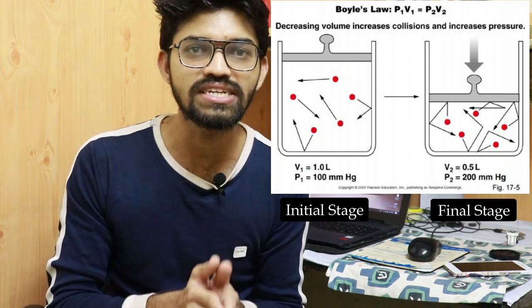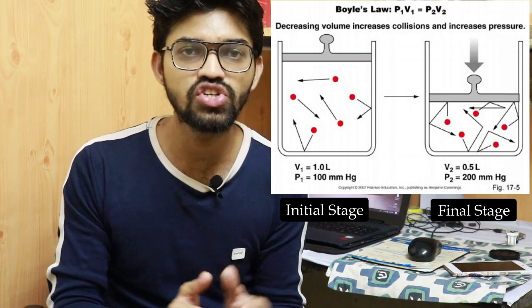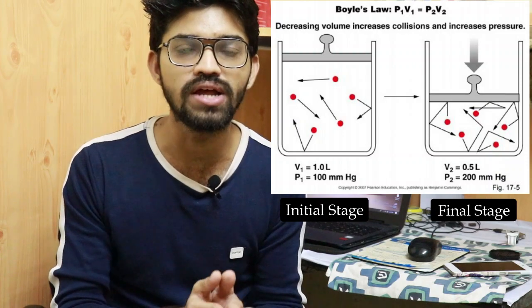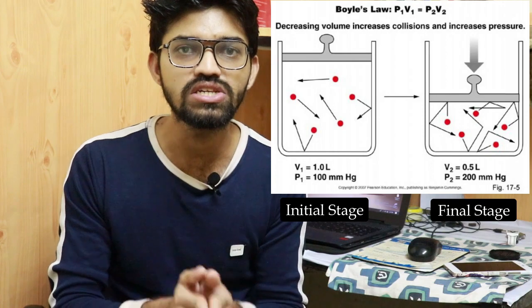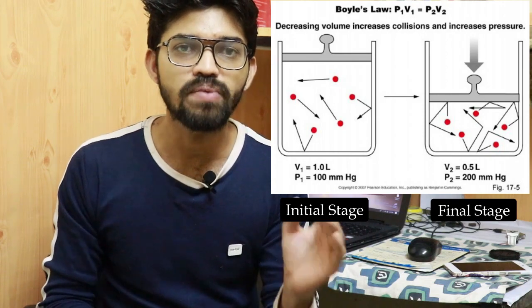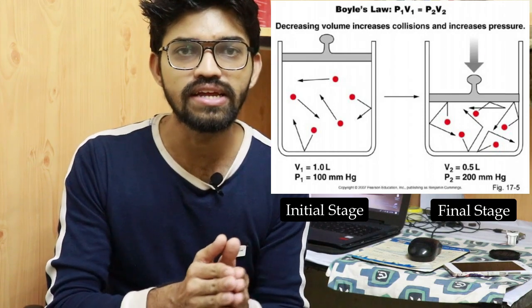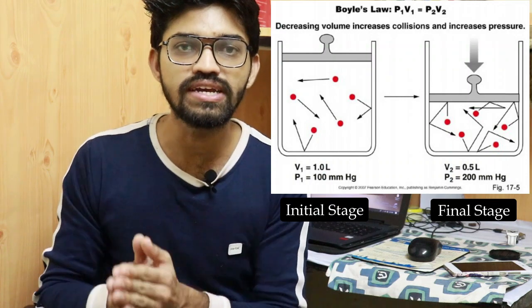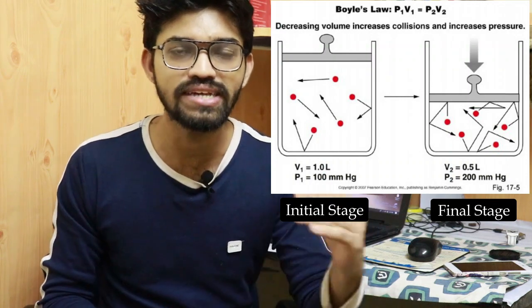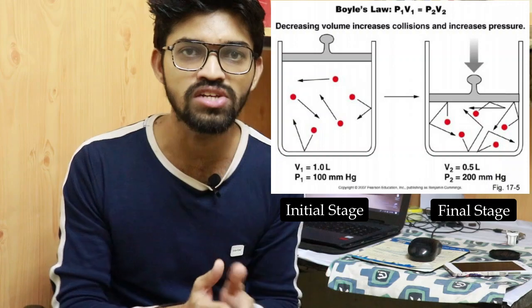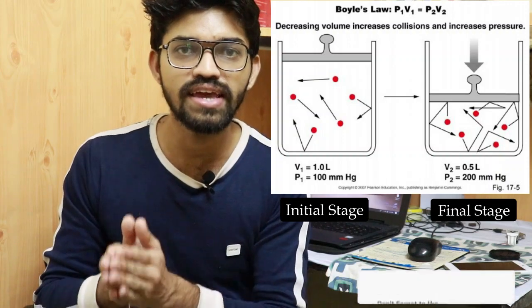Then the change in the pressure or the change in the volume is such that as the pressure increases, the volume decreases, but in both the initial stage and the final stage, K remains constant.